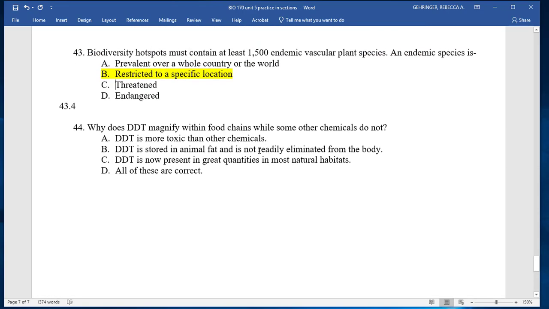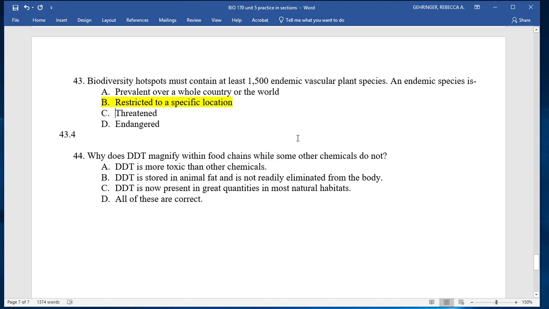It is. So 44, why does DDT magnify within food chains while some other chemicals do not? Is DDT more toxic than other chemicals? Is DDT stored in fat and not readily eliminated from the body? Is it now present in great quantities in most natural habitats, or is it all of those? It's actually B. It is stored in animal fat and not readily eliminated.